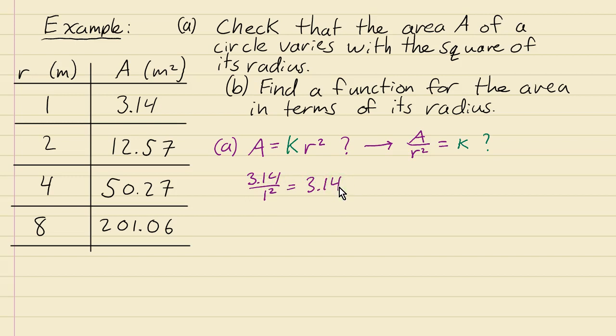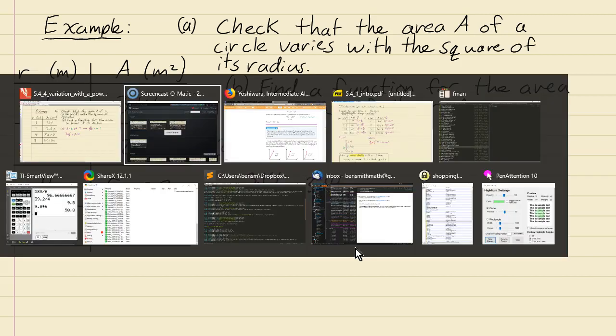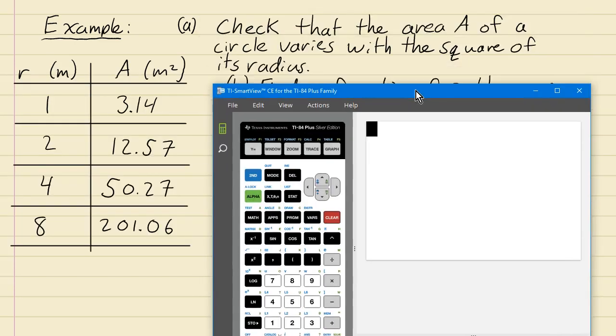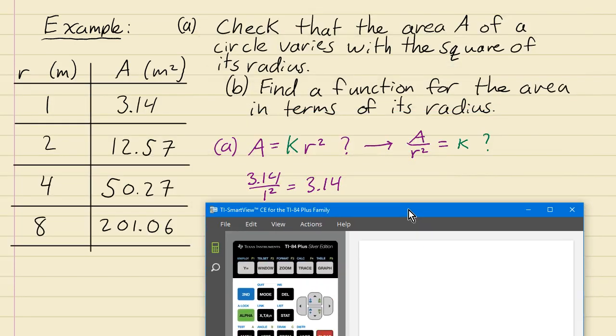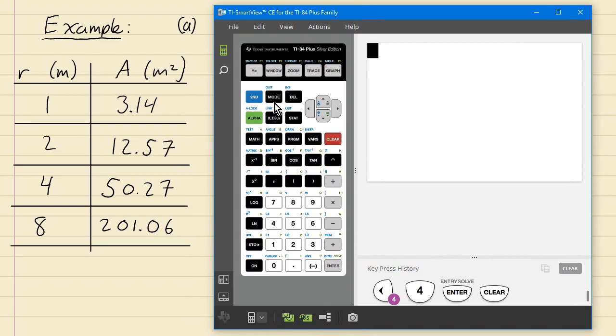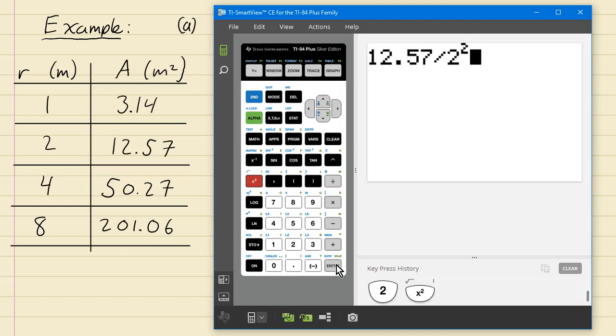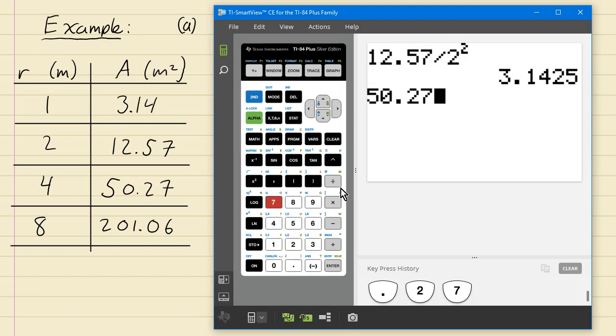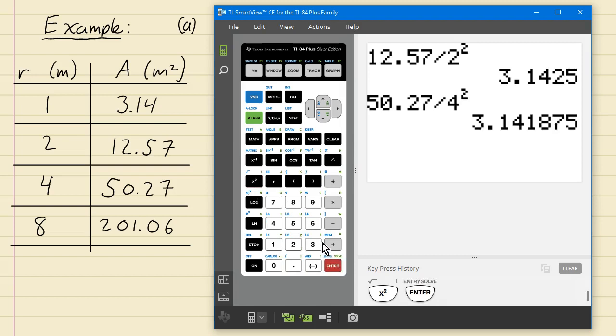Let's just test it with the other ones with a calculator. So again, what I want to see is if I do A divided by R squared, is it always going to come out to the same thing, which was 3.14 there? And if you do 12.57 divided by 2 squared, you get about 3.14, yeah? If we do 50.27 divided by 4 squared, we get about 3.14.